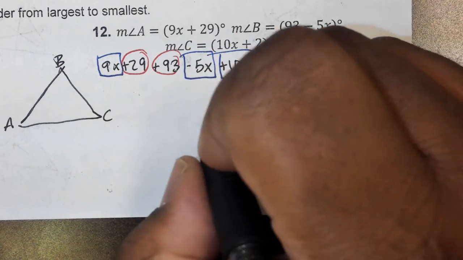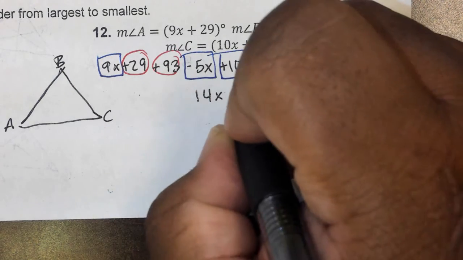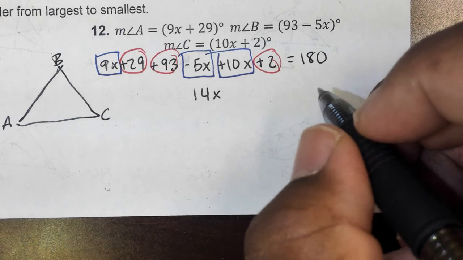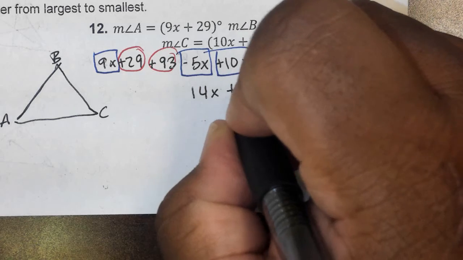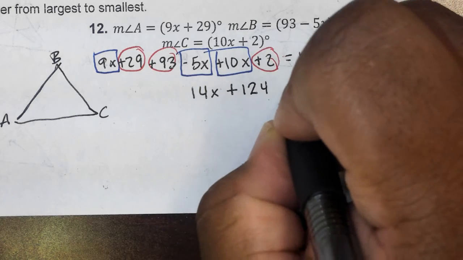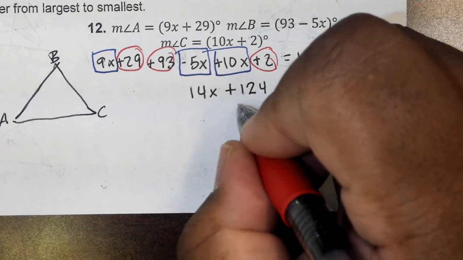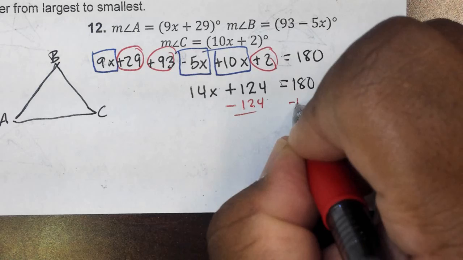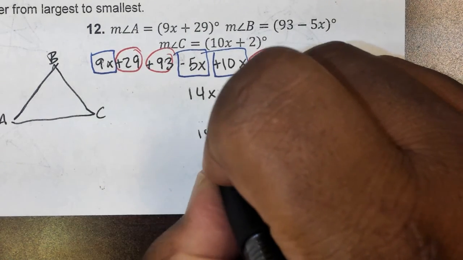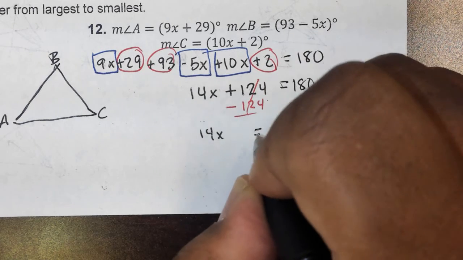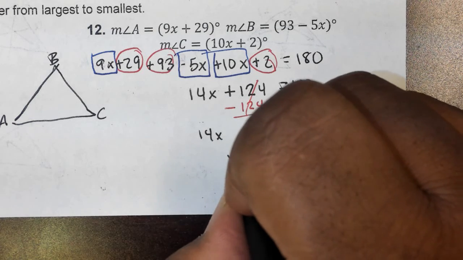Nobody? 14x plus 124 equals 180. Subtract, 124 cancels. 14x equals 56, and x equals 4.